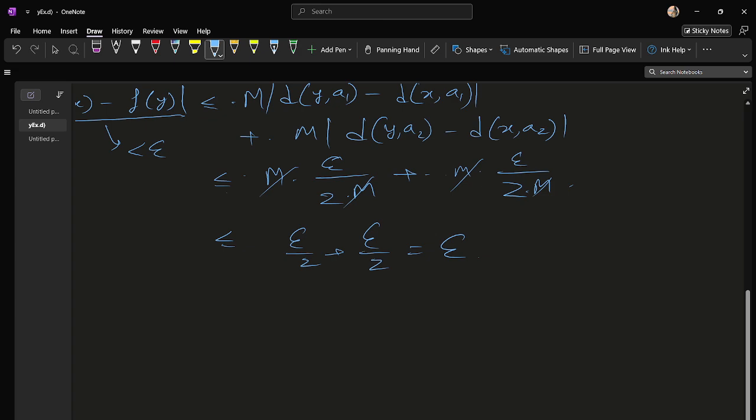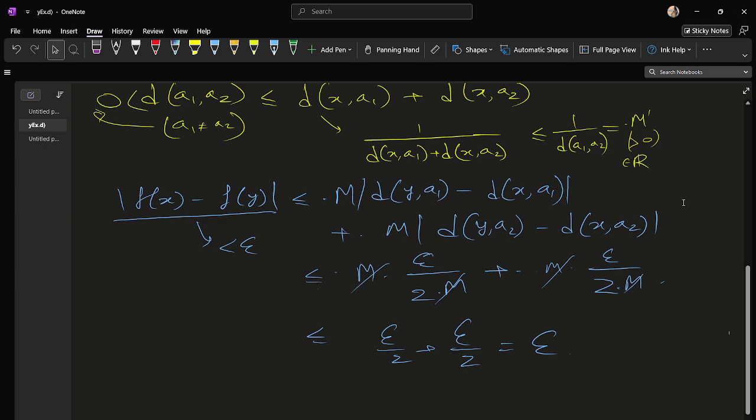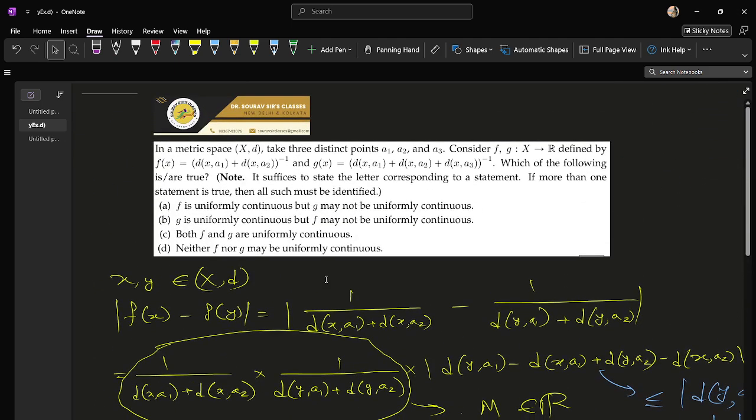Then we will get this thing. So by the property of uniform convergence, for distance less than delta, any f(x) minus f(y) will be less than epsilon. So we can say that f is uniformly continuous.